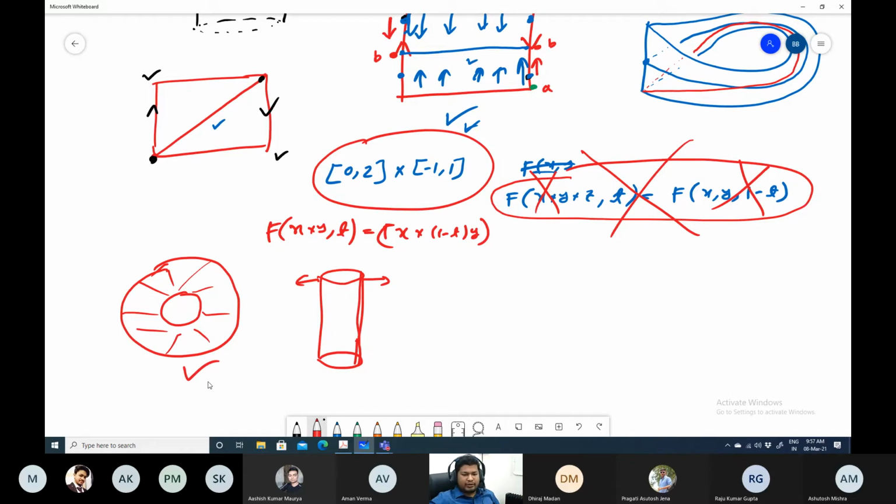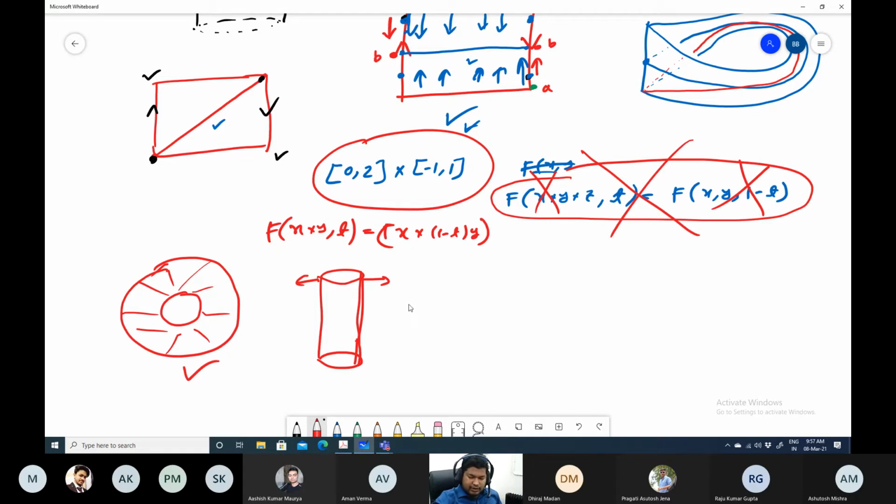So both are homeomorphic. You just have to stretch the upper part, and then you can make it flat. So that is enough.